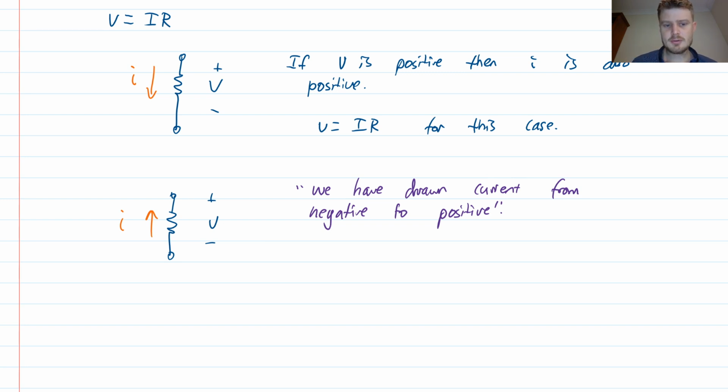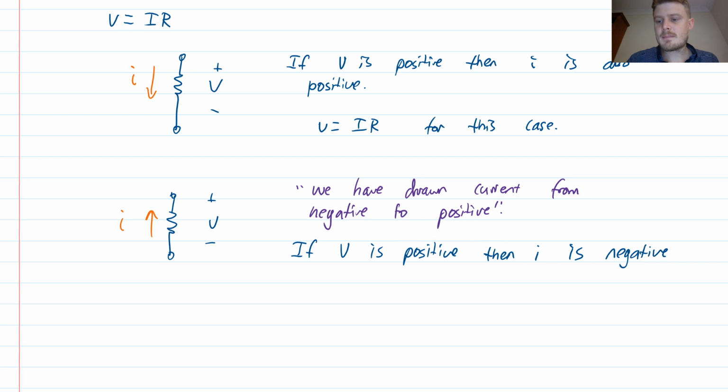Therefore, the only way that this combination is mathematically coherent is the following: that if V is positive, then I is negative. It has to be. Otherwise, this is not a resistor, right? Resistors obey Ohm's law.